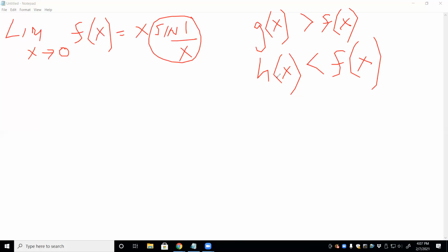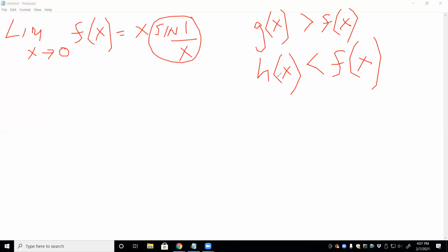In other words, there will be a standard function that will give you a limit for that. And then based on the squeeze theorem, you'll be able to figure out that the limit of f of x is the same as those other two. In other words, what's important here is that the limit of g of x be the same as the limit of h of x as x goes to 0.